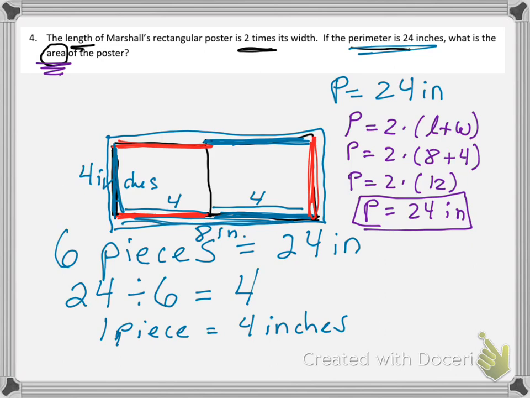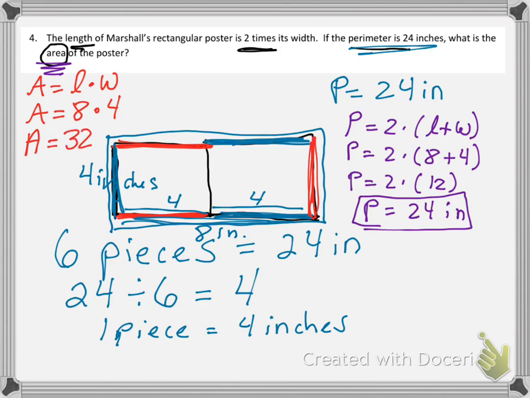Now we know that the area of a rectangle is A equals length times width. All right, so let's just plug it in. A equals, what's the length? The length is 8. What's the width? It's 4. So A equals 32.